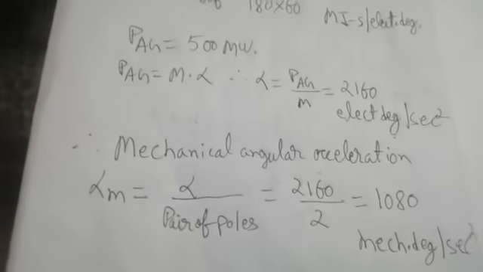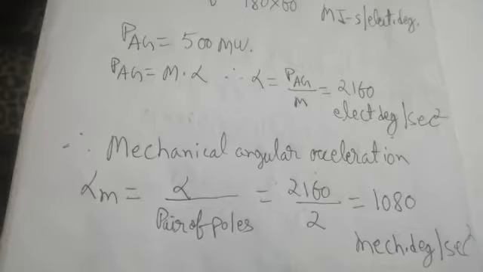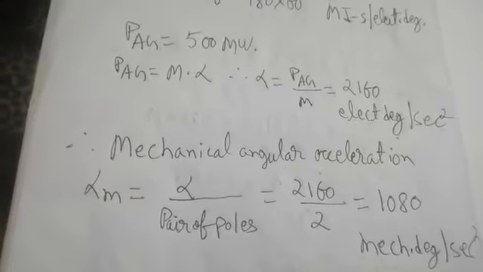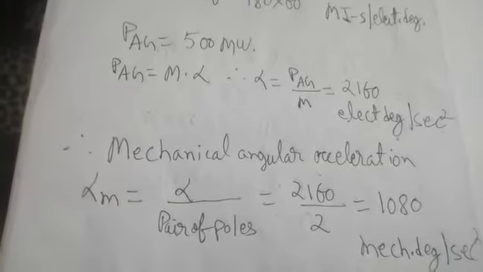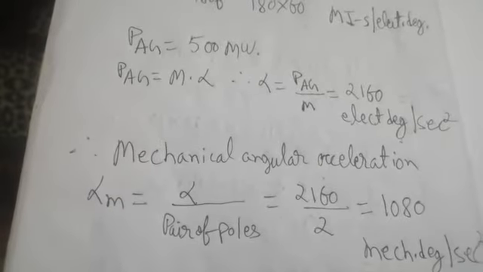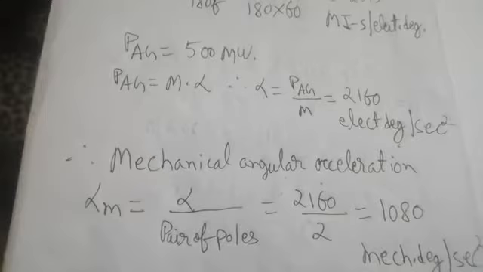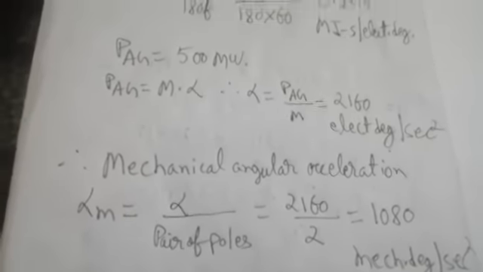So if you are asked to find out your mechanical angular acceleration, then always remember that mechanical angular acceleration, that is alpha m, is equal to alpha. This alpha is your angular acceleration in electrical terms. So alpha m is equal to alpha divided by pair of poles.